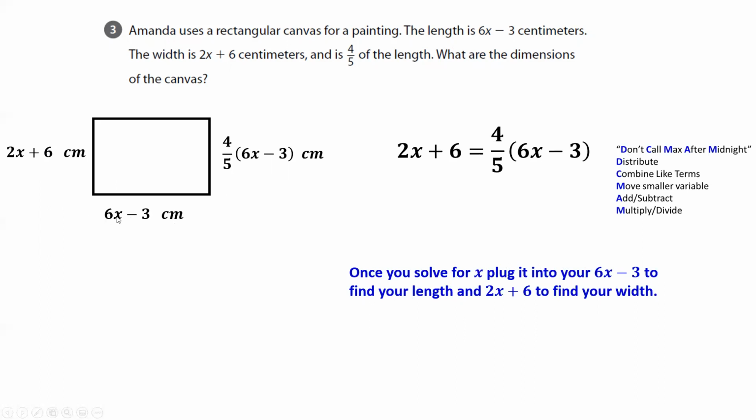If I plug in 5 here, that'll be 6 times 5, which gives me 30. And 30 take away 3 gives me 27. So the length is 27 centimeters. If I plug in 5 for the width, 2 times 5 gives me 10. 10 plus 6 gives me 16. So the width is 16 centimeters. Whatever answer you get for X, you're then going to plug into your width and length.